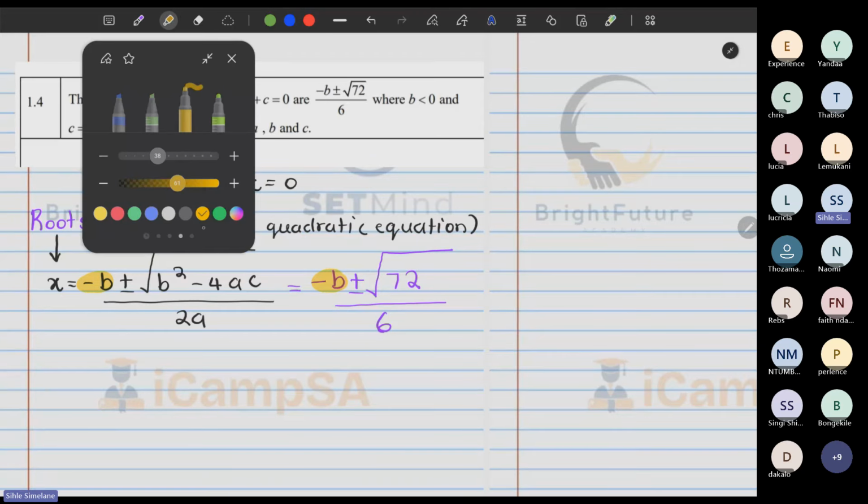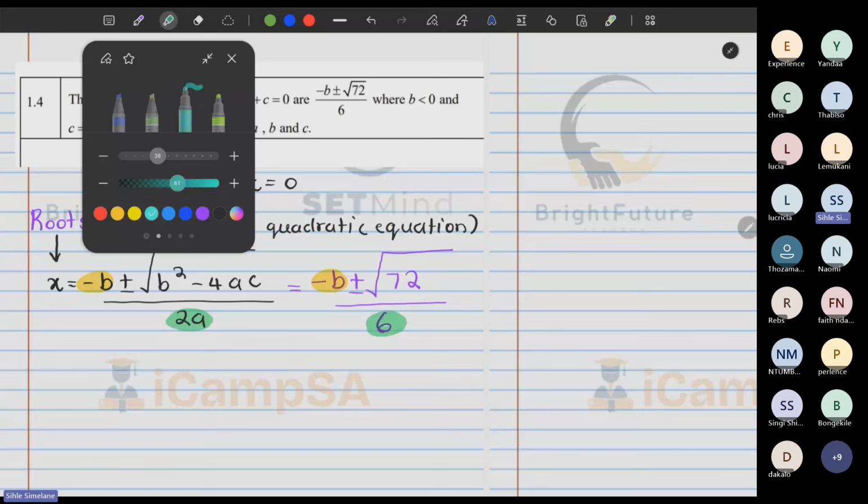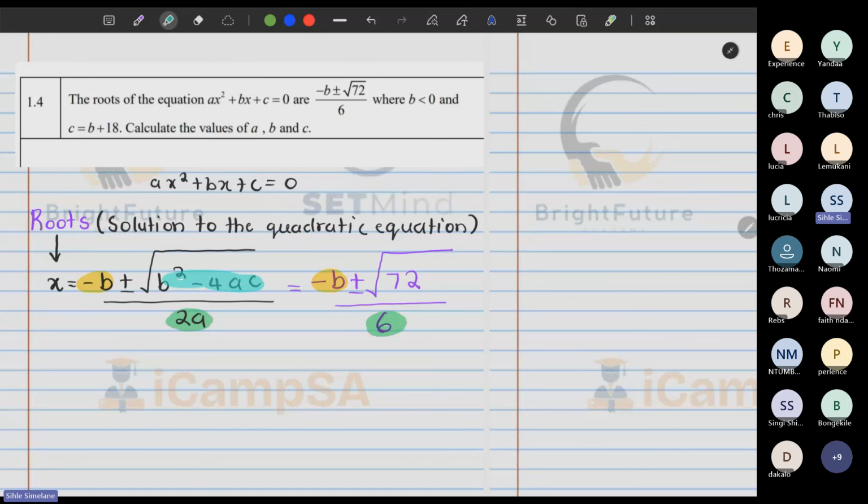And then what else? It means everything that is down there should be equal to 6. And all of this which is inside here, when we do the maths, should end up equaling that. So using all of this, how can I find the value of a, b, and c?